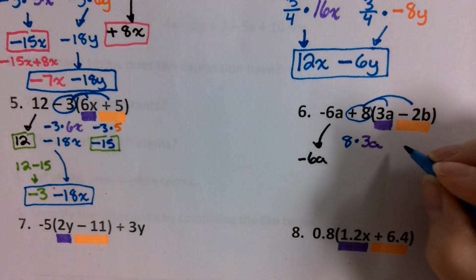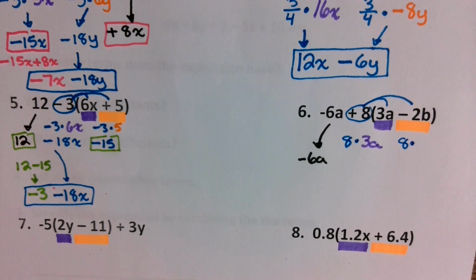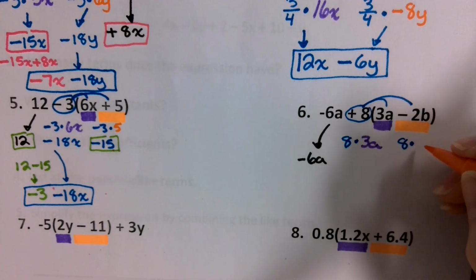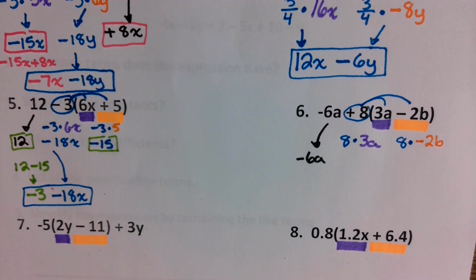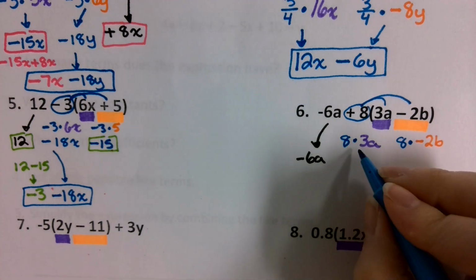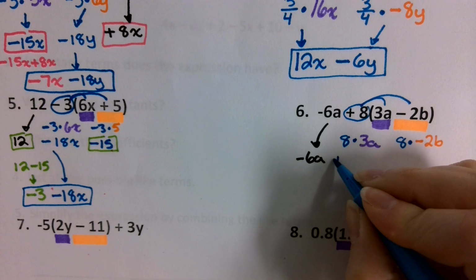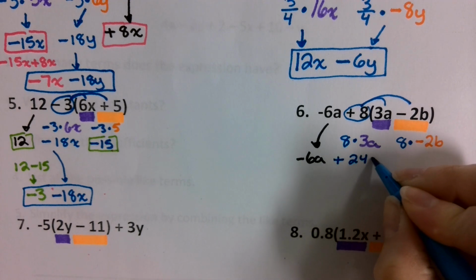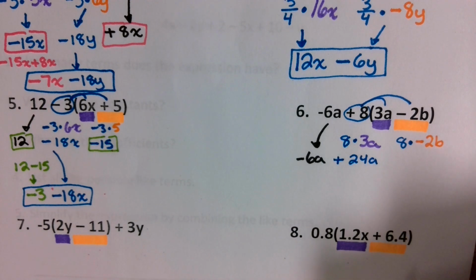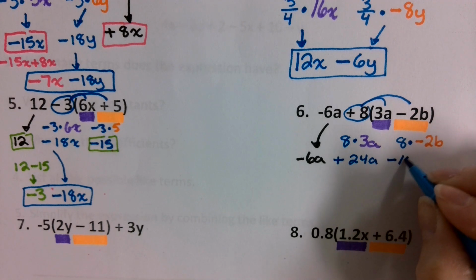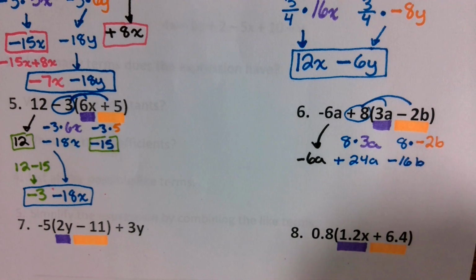And we're also doing 8 times negative 2b. We're multiplying it by a negative 2b. If we do 8 times 3a, that comes out to a positive 24a. If we do 8 times negative 2b, that comes out to a negative 16b.